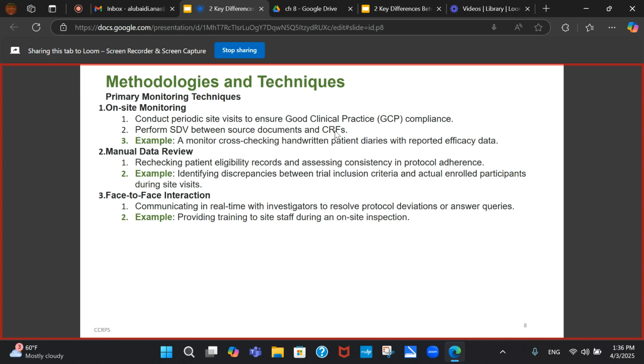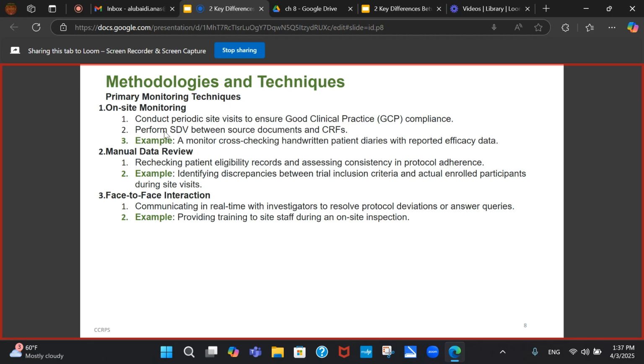And the CRF is, let's say, the portal that belongs to the sponsor, where whenever data needs to be transcribed or entered from the site source, it is entered into the CRF for the sponsor or CRO.